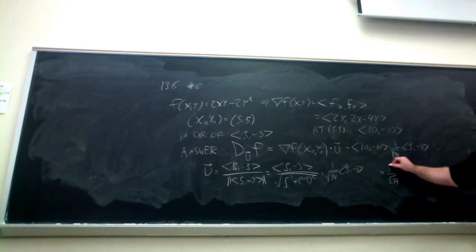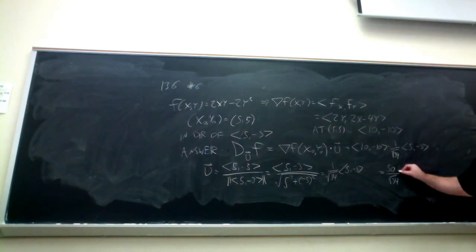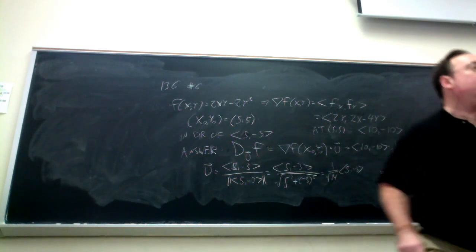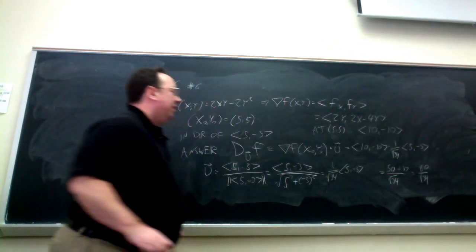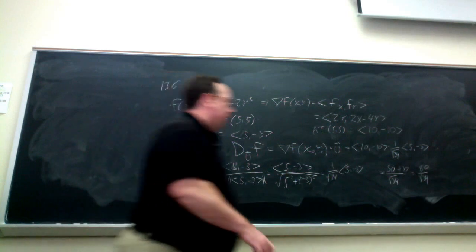So we have 50, what else? Plus 30. So all told we have 80 over the square root of 34, and the only thing left to do after that would be rationalizing.